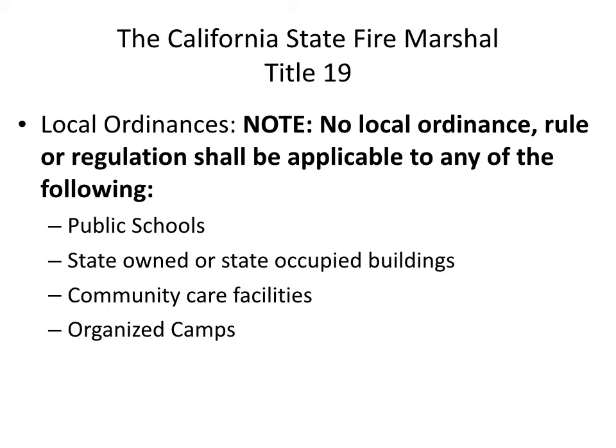Now, state-owned or state-occupied buildings, they might let you come in and do an inspection or do a pre-plan, but don't expect them to change things based on our rules. That's especially true at a federal level. You can go and ask the FBI down in Westwood if you can bring your fire crew in to do a pre-plan.